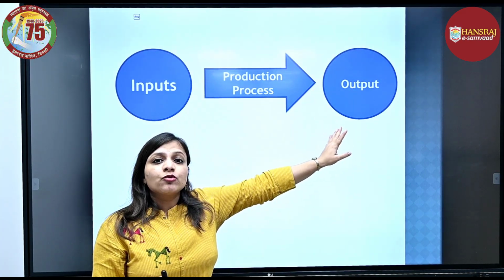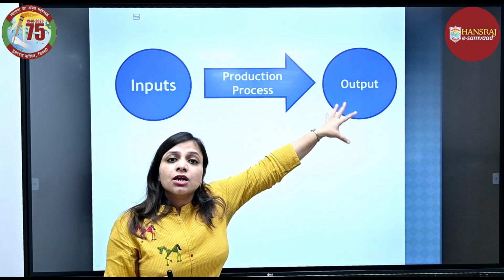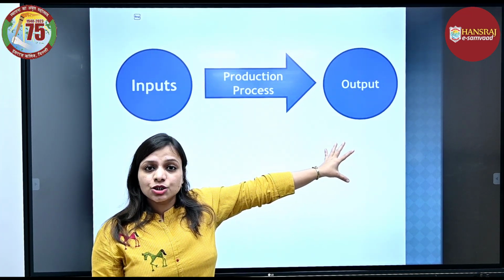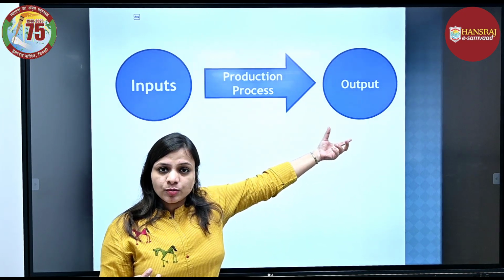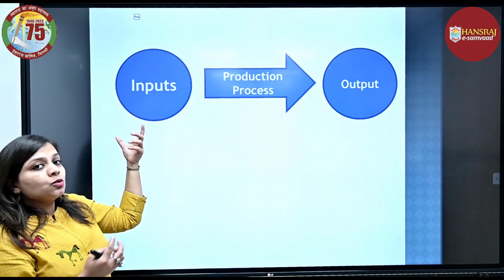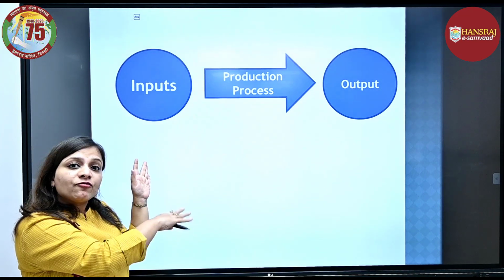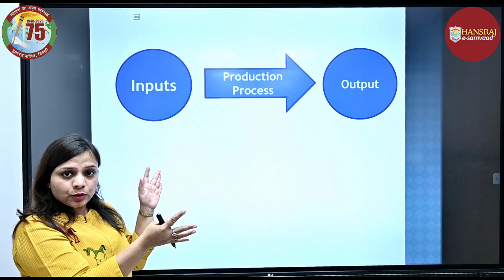Now we have to understand how the equilibrium in the output market, that means the profit maximizing condition of the firm in the output market, is related to the equilibrium in the input market, that is the profit maximizing condition in the input market.